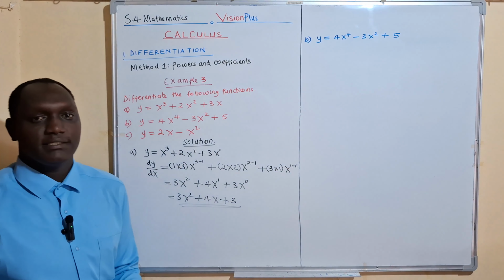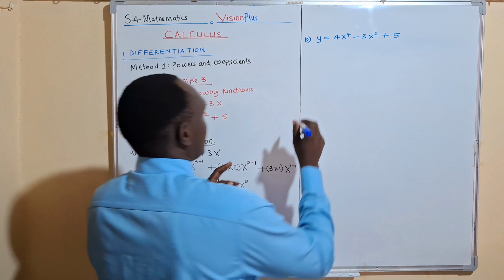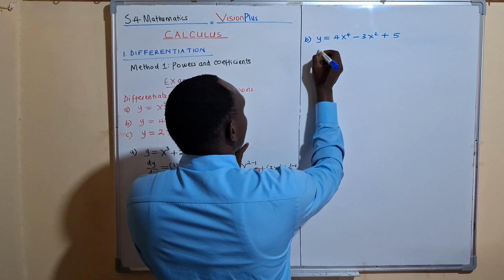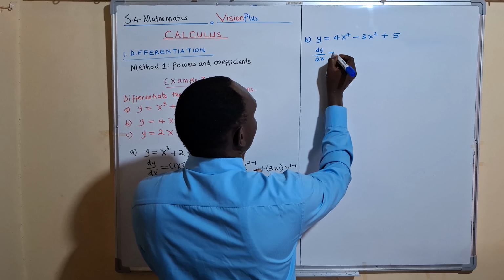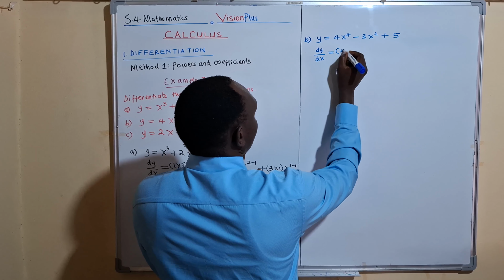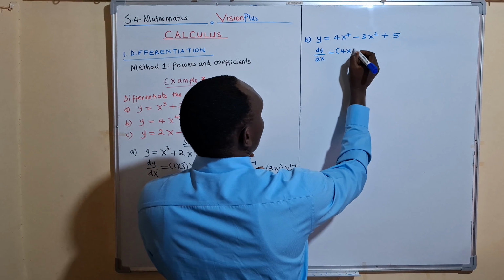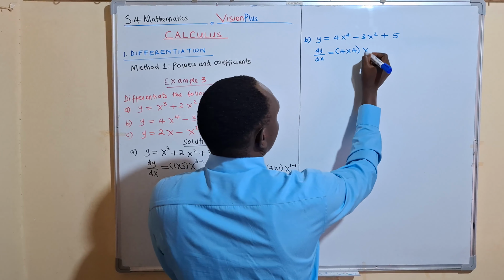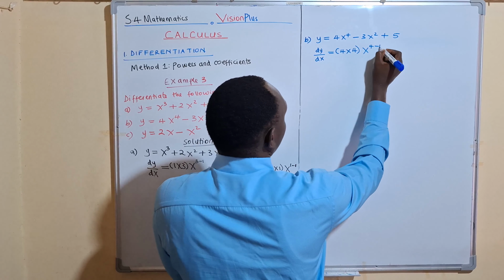And we need to find the derivative of that function, how we differentiate it. Now this means that we're going to say differentiating y with respect to x, dy/dx equals, we have a coefficient of 4 there, times drop the power, which is 4, then you attach x. Now we need a new power, which becomes the old power of 4 minus 1.